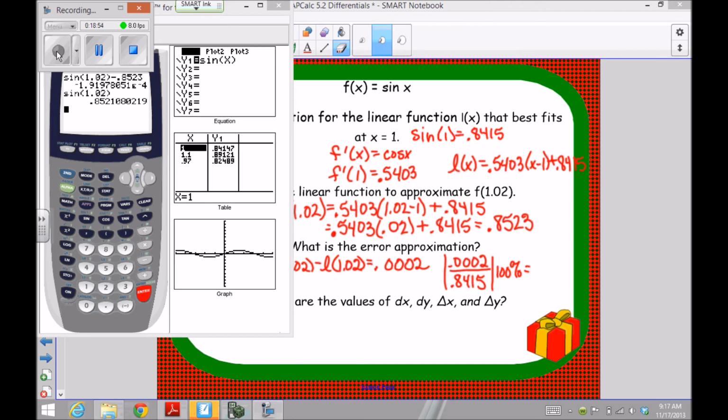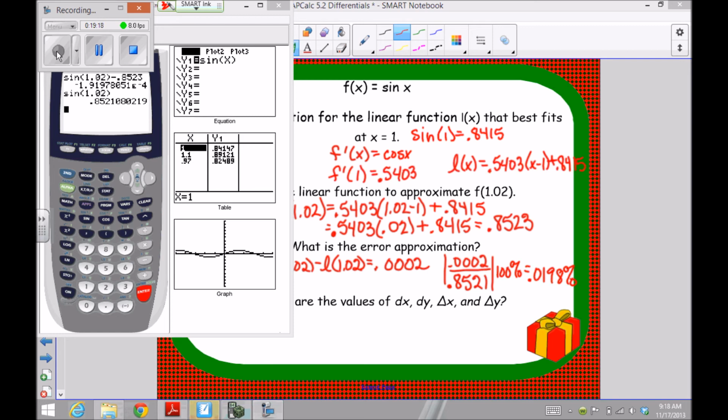And I just noticed that I had an error here. Sorry, put in your 0.8521 because that was your actual value. Right there, sine at 1.02, 0.8521, and you get 0.0198% error, which is not much error. That means we're doing pretty good.